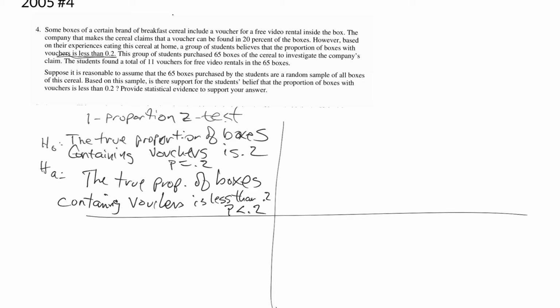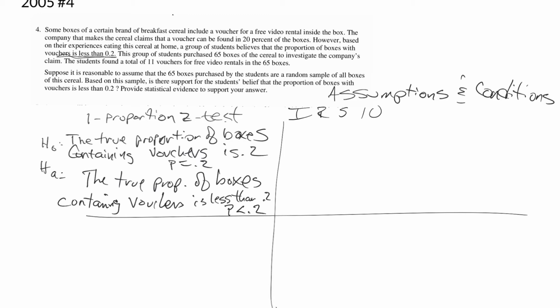Now over here on the right side, we're going to write our assumptions and conditions. To do that, we remember our IRS 10: independent, random, and our sample size, and our 10% condition. If you want to pause the video and write your conditions, go ahead.